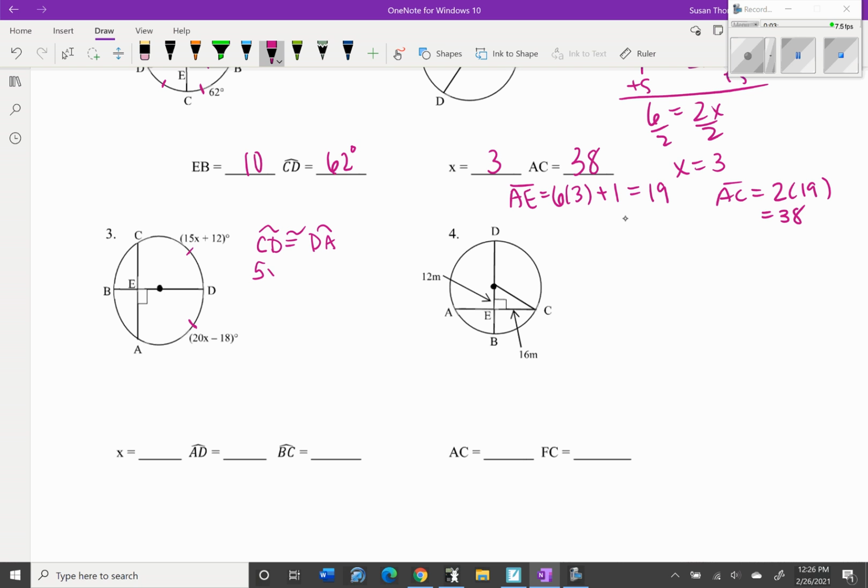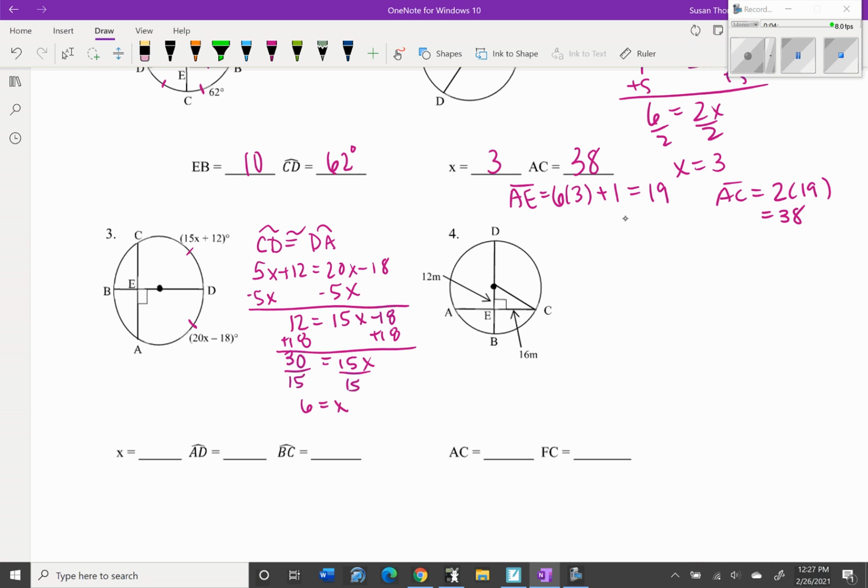So 5x plus 12 equals 20x minus 18. We're going to solve for x. So we get 30 is equal to 15x.